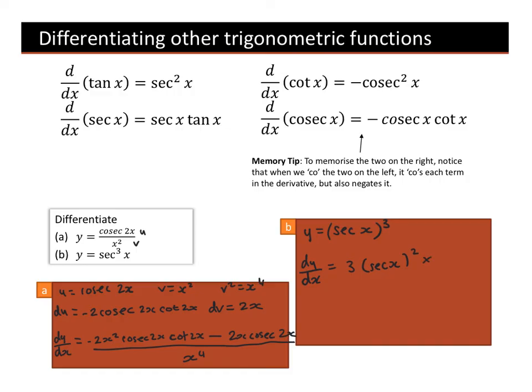The differential of sec x is sec x tan x. It tells us here. If you learn these, you don't have to show them. So then, what do I get? 3 sec squared times sec is sec cubed x tan x.